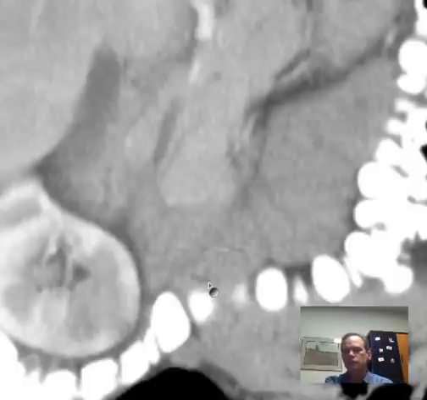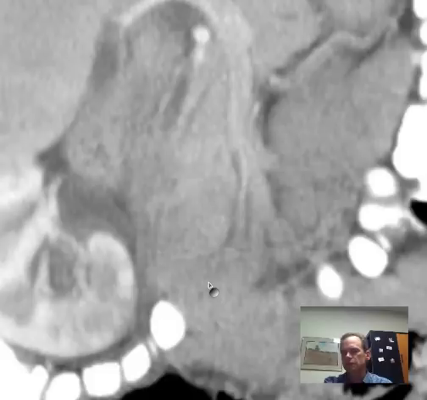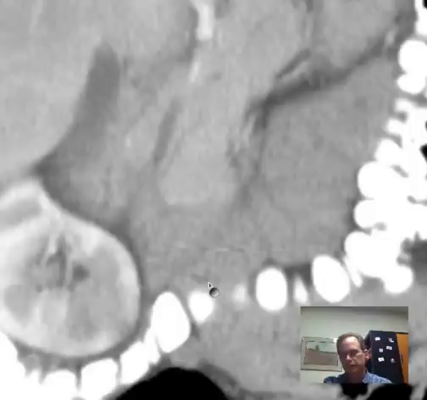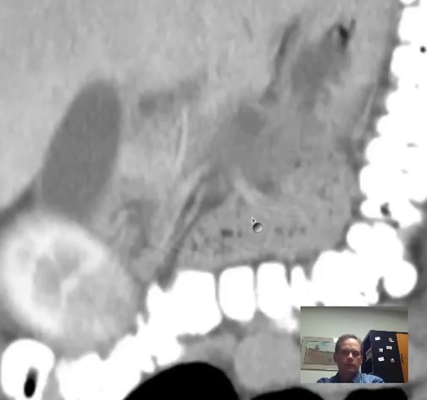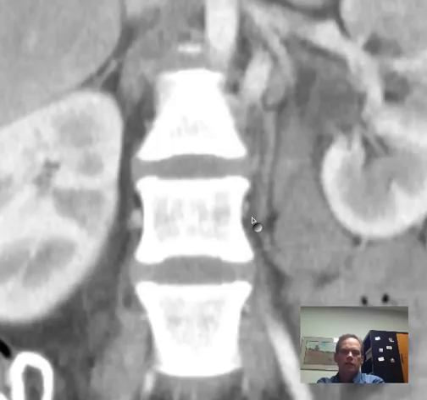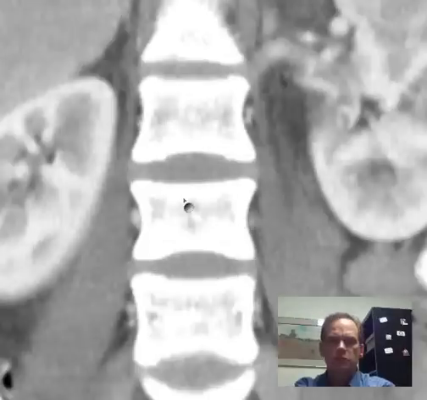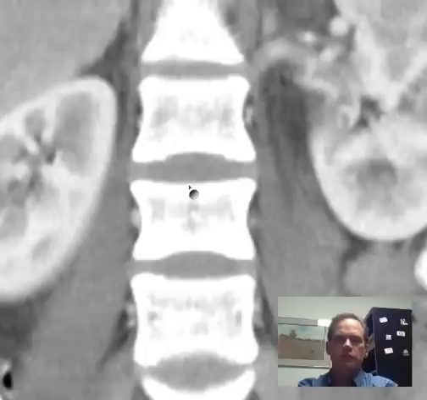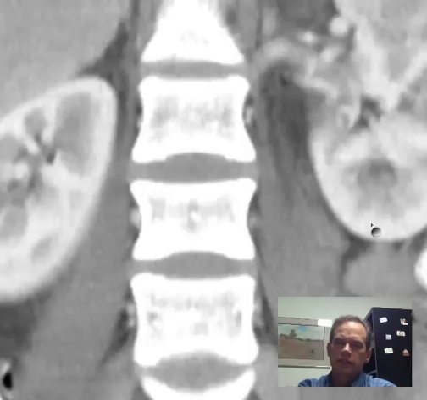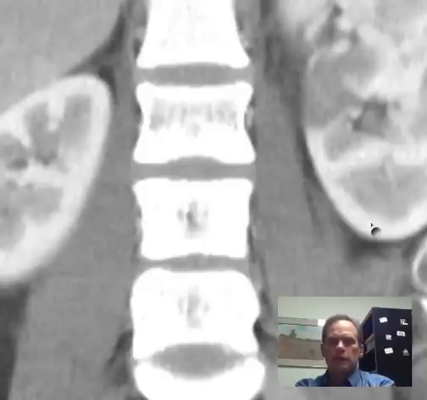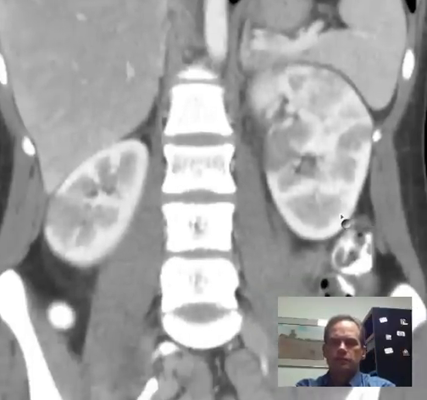If you see this, you can be pretty darn sure that if you call the ER doc and say, I think this patient's got pyelonephritis, they'll say, sure enough, we just saw white blood cells in his urine, thank you. So a very important finding, classic, indisputable in this particular case, but even when it's much more subtle, as the area I was just pointing out, you can make the diagnosis, and that can be very helpful.